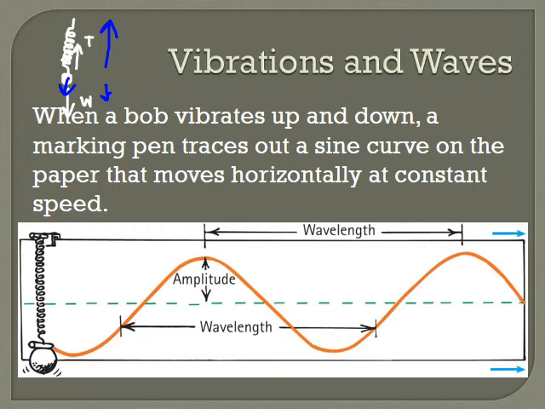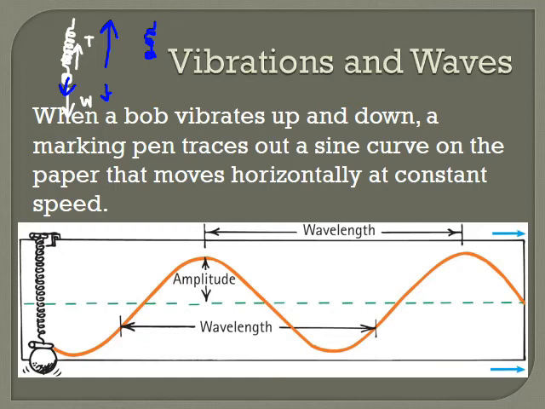Once I give it a push, though, I let go. So I'm no longer pushing. And so what we see is that I'm going to have an overall upward net force. That's going to slow my mass down until eventually it comes to a stop at the bottom. But when it comes to a stop at the bottom, I'm going to have a much larger upward force than downward force. And therefore, now my ball is going to accelerate upward until it gets to the point where my spring gets kind of squeezed.